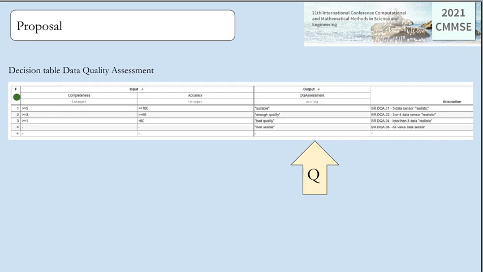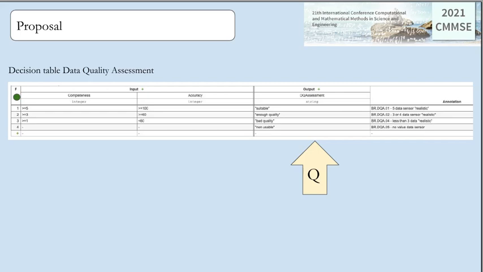Next, enough quality is when there is a value equal to or greater than 3 in the completeness dimension and greater than or equal to 60 in the accuracy dimension. It means that 3 or 4 sensors have provided complete and accurate readings. Bad quality is given by complete readings from 1 or 2 sensors or with an accuracy below 60%, and non-usable in any other case.